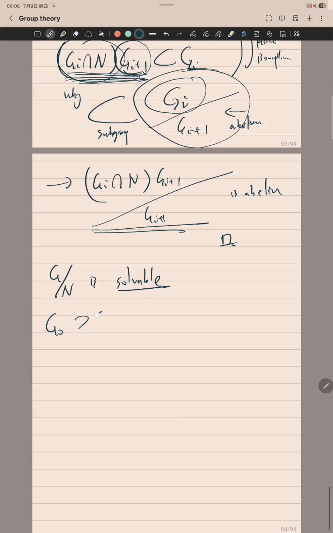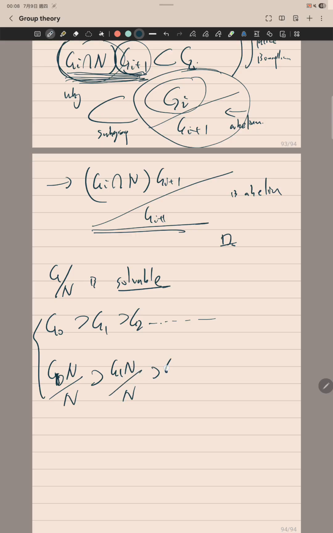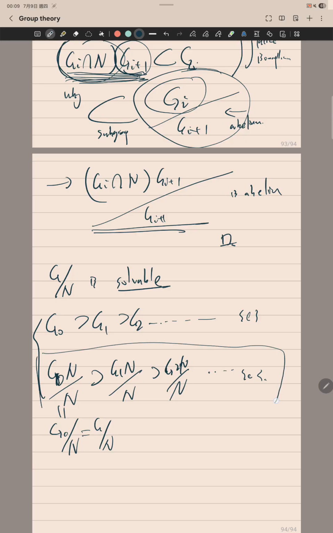So we have G_0, G_1, G_2, and so on. Let's say I consider G_0 N divided by N, and G_1 N divided by N, and G_2 N divided by N, and keep going. This is the group, so this is identity, this is also identity. So this is G_0 N quotient N, actually G quotient N. So this is the tower that I create.